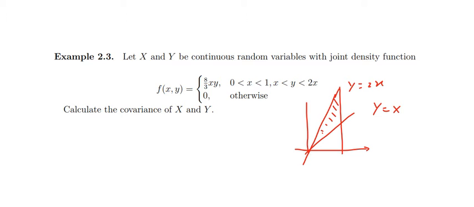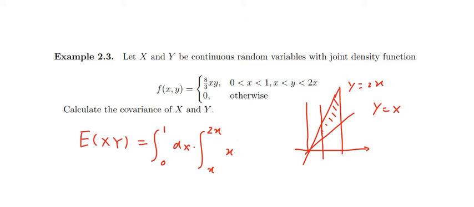So let's say find the covariance. Let's find E[XY]. So we just put x from 0 to 1 dx, right? Then for fixed x, y is from x to 2x dy.